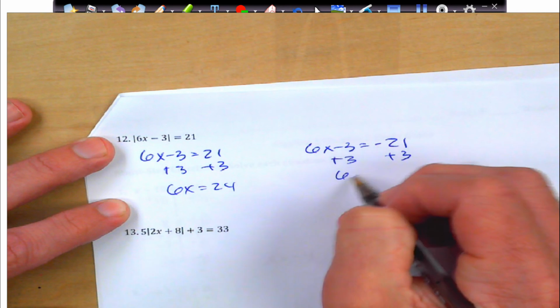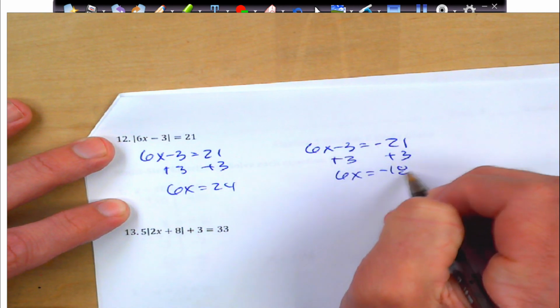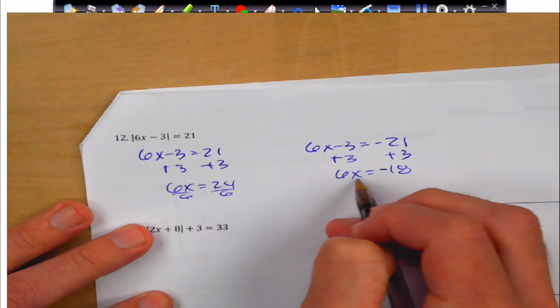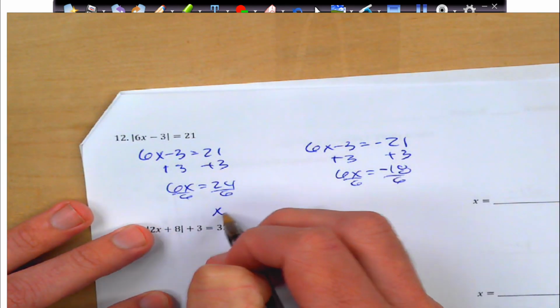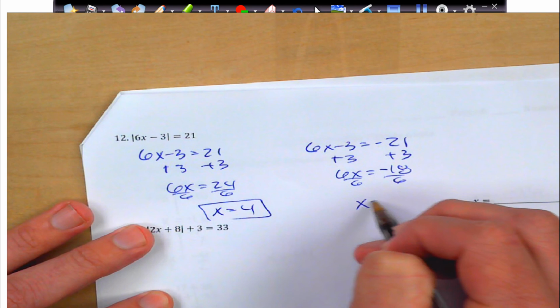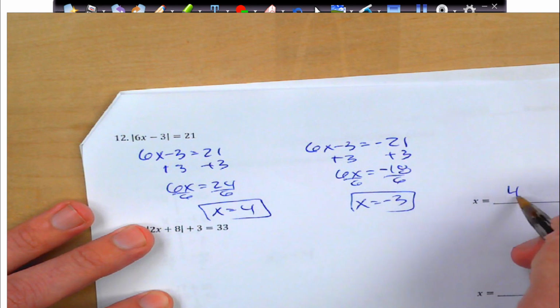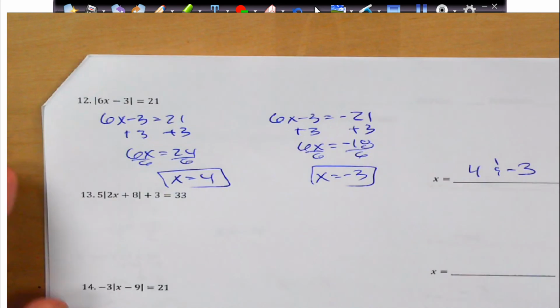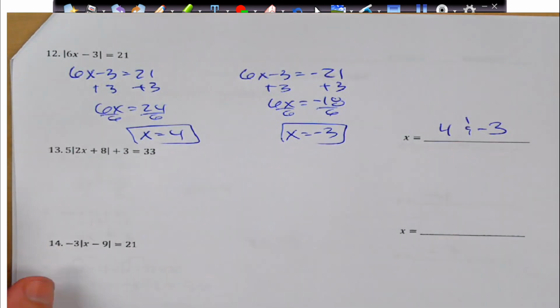On this side, we end up with 6x equals negative 18. And then we divide both by 6. X equals 4, and x equals negative 3. So we get 4 and negative 3.